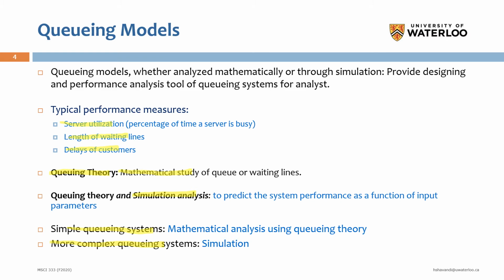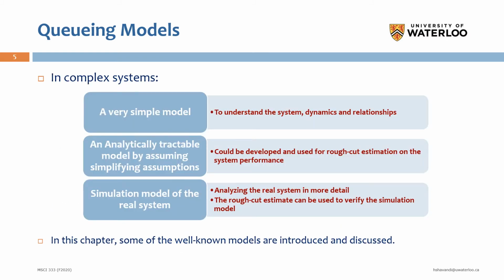So for very simple systems, we can use queuing theory, the mathematical model, and for complex systems, we usually use simulation. But for complex systems, we can still use the mathematical models if we consider some simplifying assumptions to simplify the actual system into a very simple model. Then this model can be used to understand the system dynamics and its relationships.